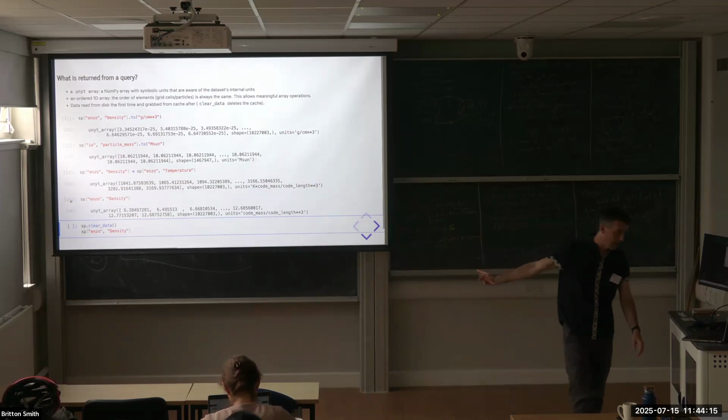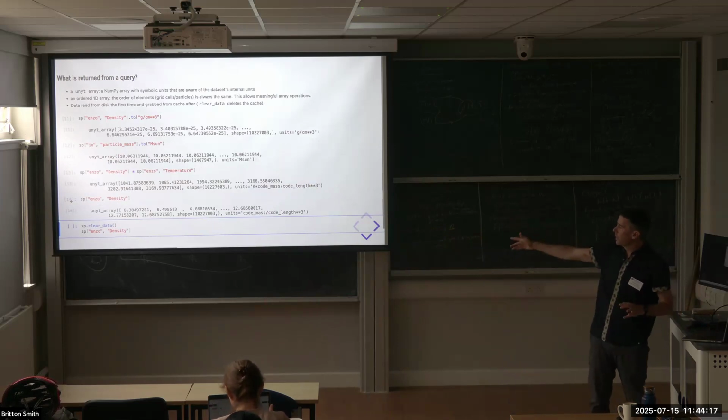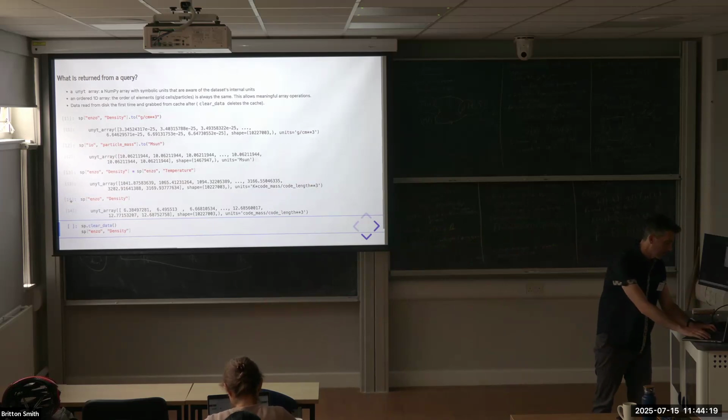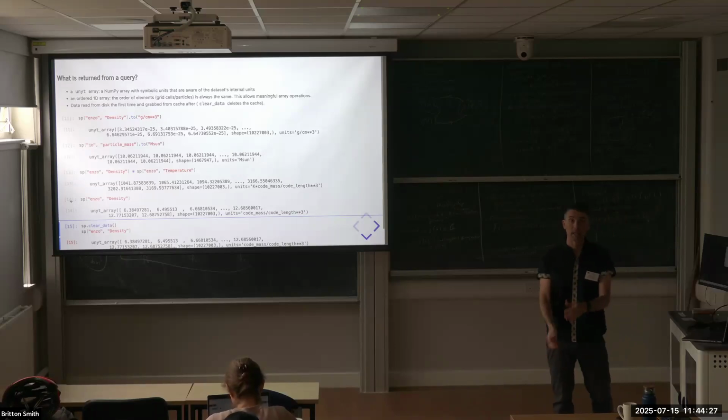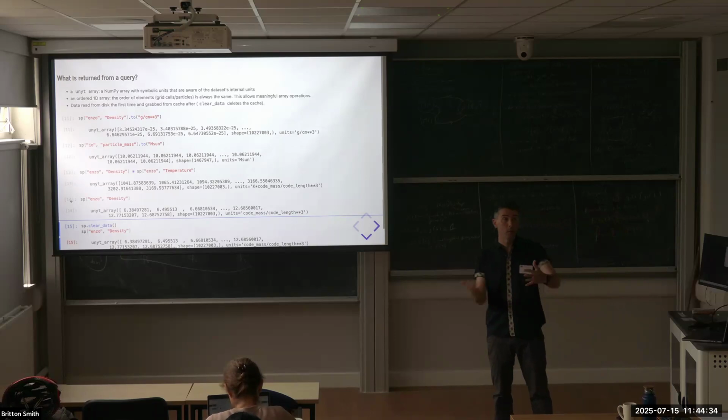So I'm going to do this again. I'm going to clear data and I'm going to immediately query it. And we should see, right, it took that fraction of a second again because we deleted it. Then when we asked for it again, it had to get it from disk, right? But YT is smart enough to figure out what it's already got and what it needs to get, and it will do all of that for you.